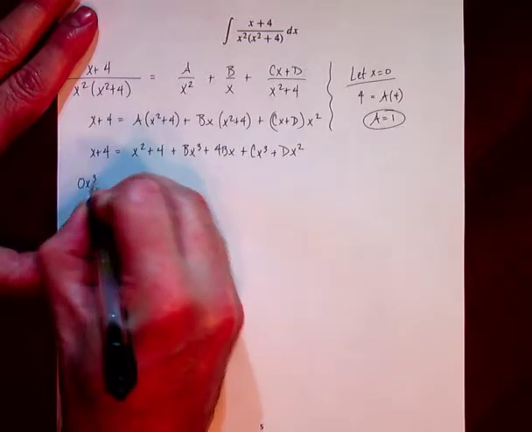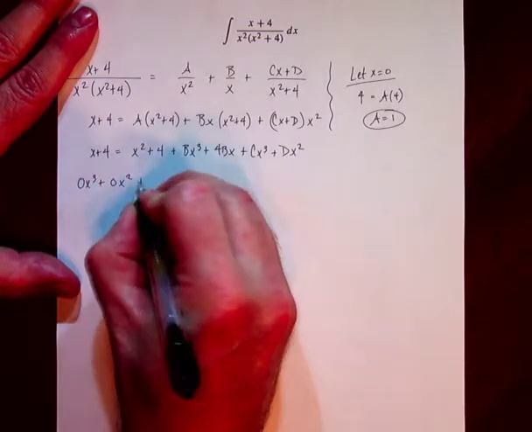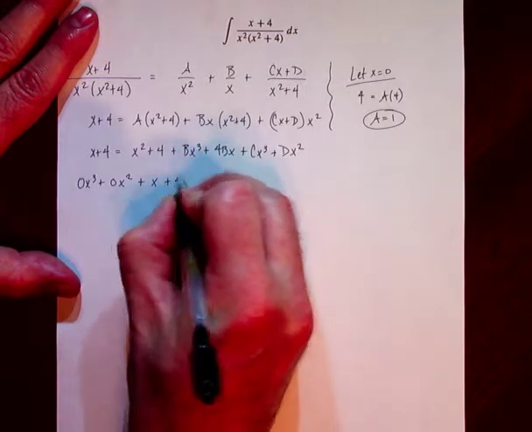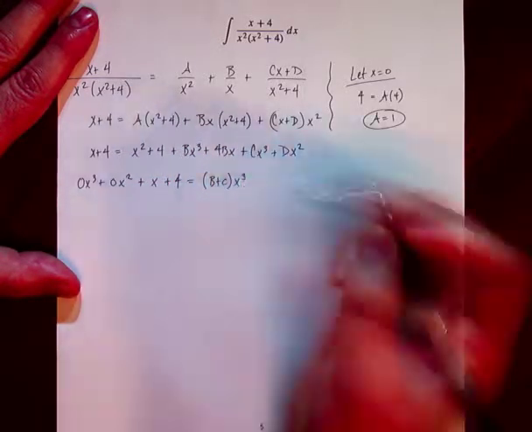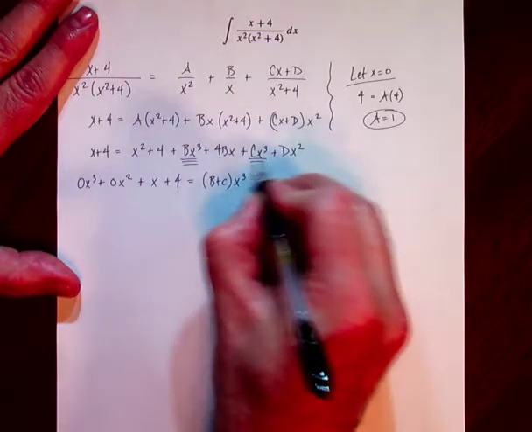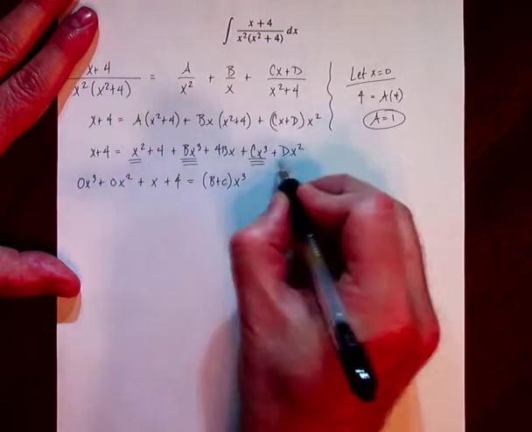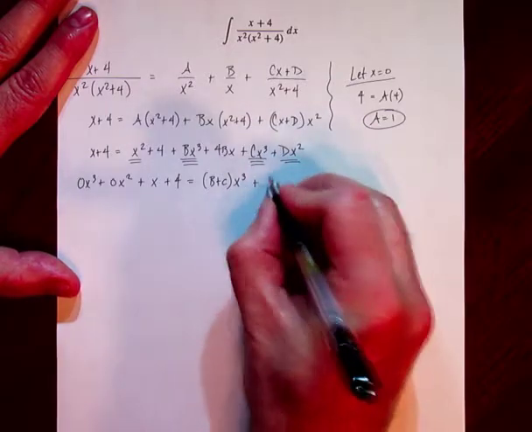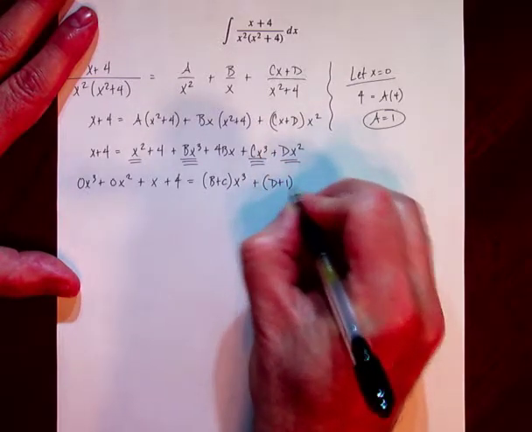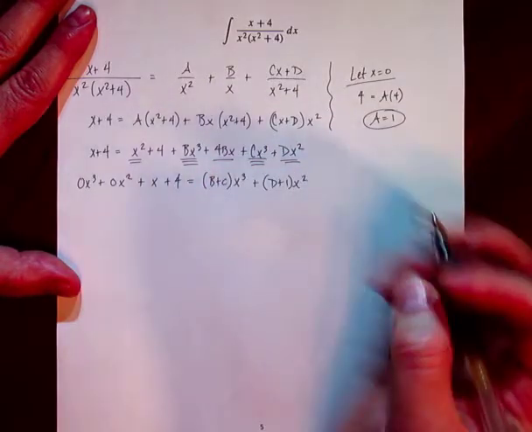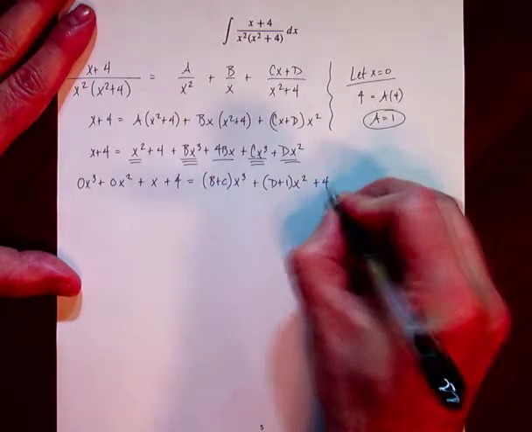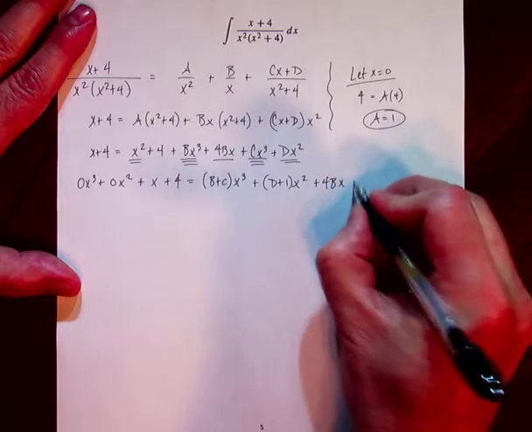So 0x cubed plus 0x squared plus 1x plus 4 is going to be b plus c x cubed. Those are your third degree. Now second degree is here, and so I'm going to get d plus 1 x squared. And then of course my only linear is right here. I'm going to get 4bx and then plus 4.